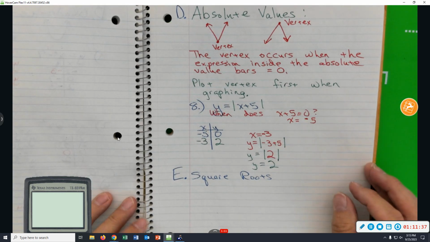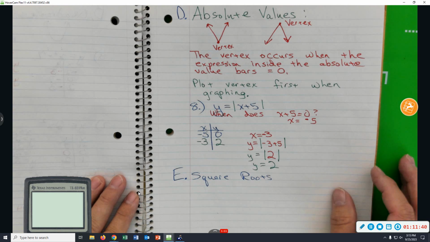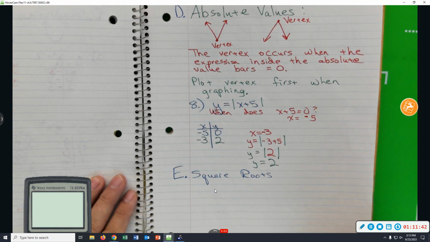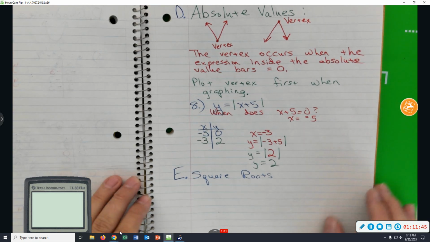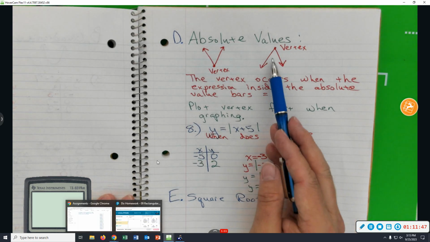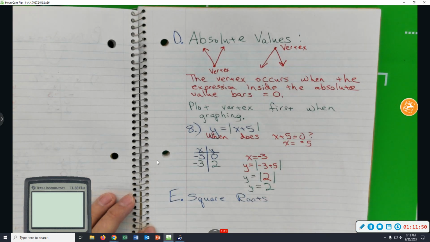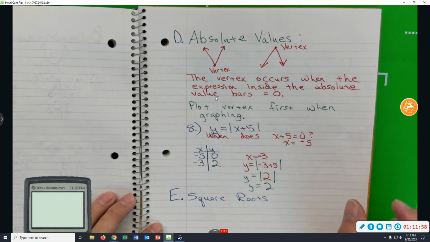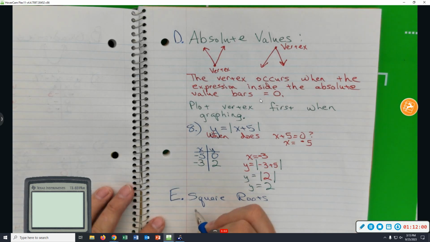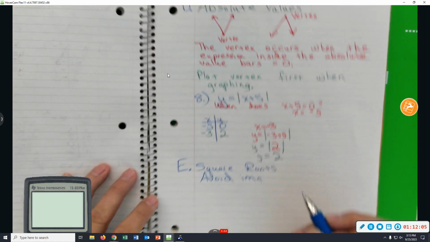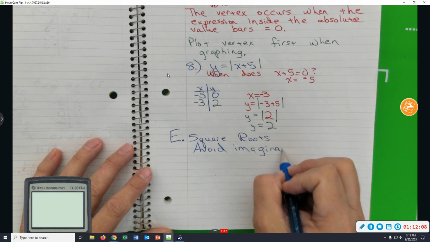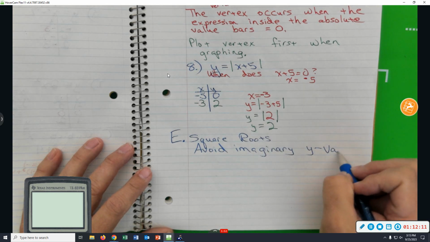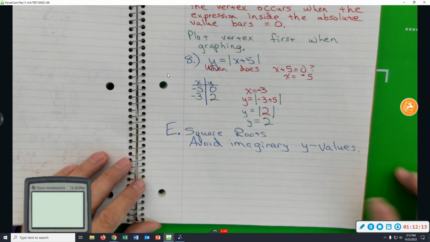For square roots, they're not going to give you the numbers to plug in. It's up to you which ones to plug in. But here's my advice to you. With an absolute value, the first thing you do is find where the stuff inside the absolute value is equal to 0. Well, I'd ask myself, when is the stuff under the square root equal to 0? Because you have to avoid imaginary y values. That means you can't get a negative number under a square root.